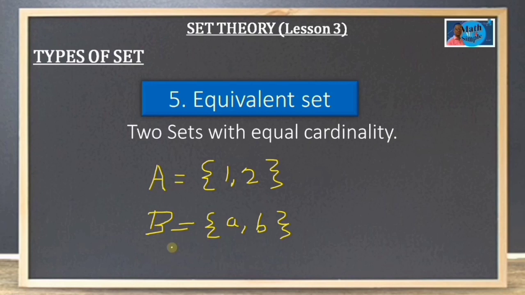So it means set A is equivalent to set B. But if you had another set, set C equals 1, 2, A, B, okay, set A is not equivalent to set C. Set B is also not equivalent to set C because they do not have the same cardinality. The cardinality of set A is 2 and that of B is 2. But for C, the cardinality is 4. So they are not equivalent sets.